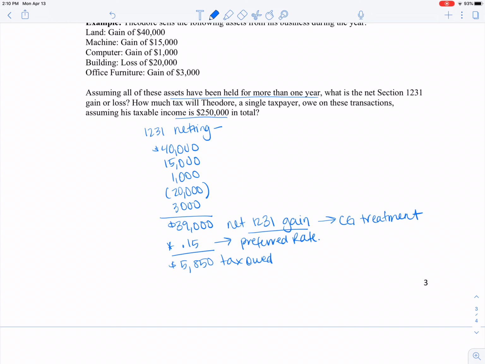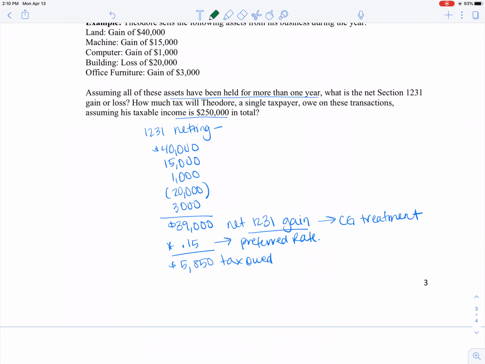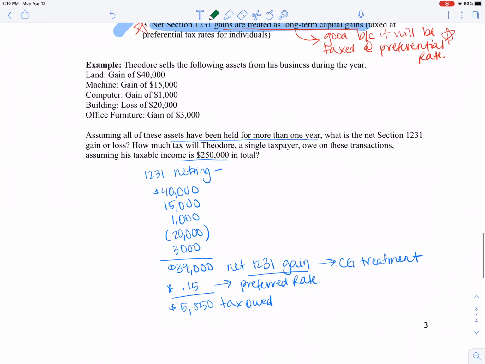All right, so I want to tell you about another possible scenario that happens here and that has created a new rule. So you know that our tax rules are complex because we have situations where people take advantage of the rules, right? They try to push the rules to the absolute limit. So what this taxpayer would want to do ideally is to take this loss of $20,000 and have that go to 1 year.